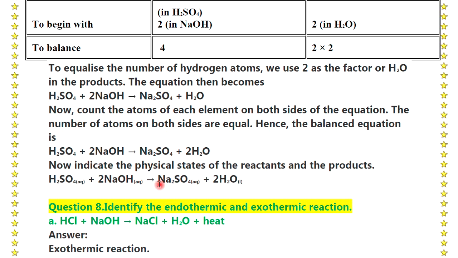It gives rise to Na2SO4, which is also in the aqueous state. This bracket and aq represent the aqueous state, plus 2H2O in liquid. Water in liquid form, H2SO4 in aqueous form, NaOH in aqueous form and Na2SO4 in aqueous form.